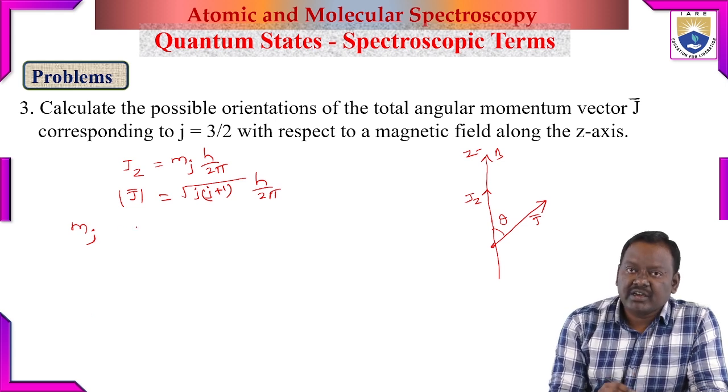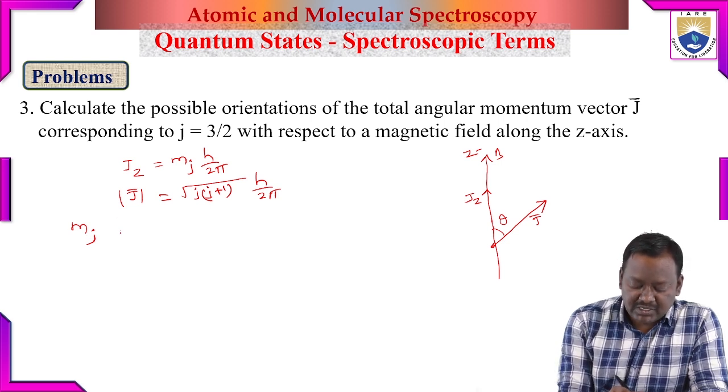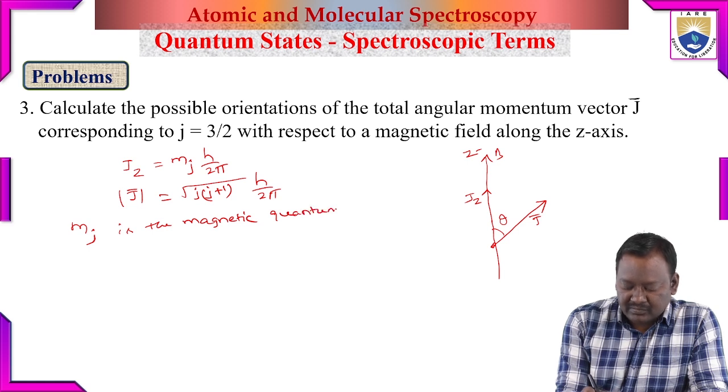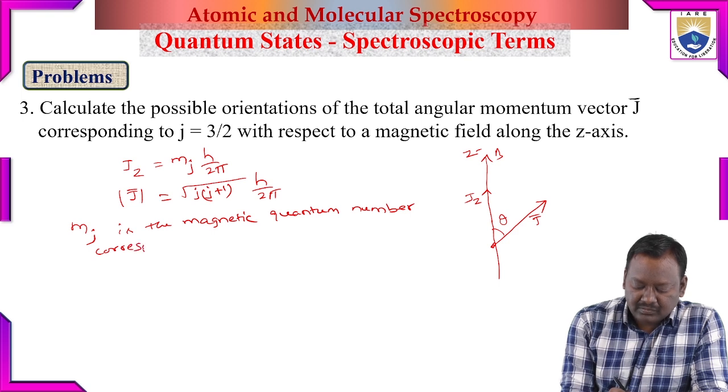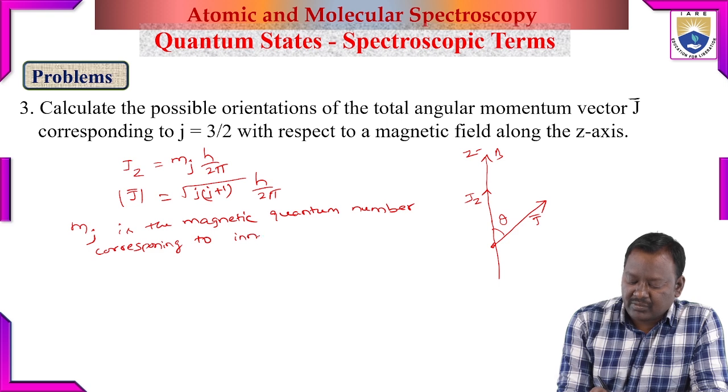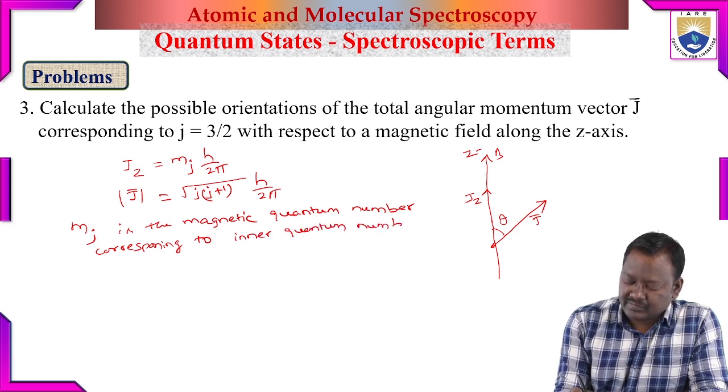So mj is the magnetic quantum number corresponding to the inner quantum number j.